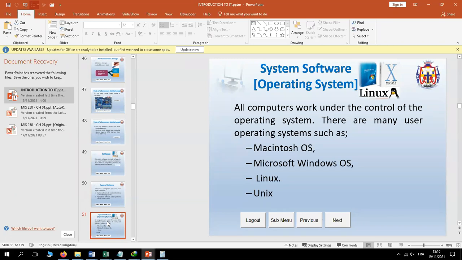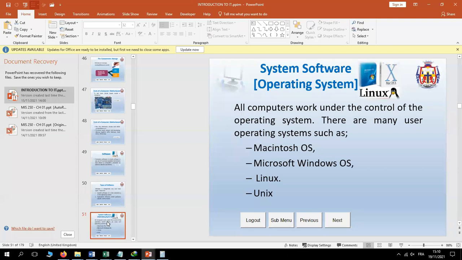Okay, now let's talk about specifics. For example, under Windows, which some of you know, if not all of you. In most cases, when people talk about operating systems, their minds go straight to Windows.